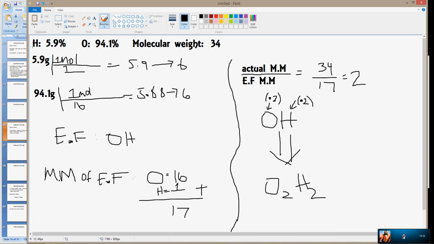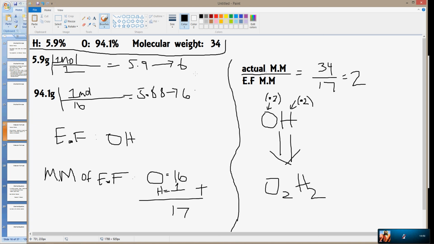Alright, Marco, this is another example of the molecular formula. Starting on the left side here, this is the problem it gave us. As always, you change them into grams, so 5.9 grams, and then you convert into moles. And then 94.1 grams, you convert into moles.